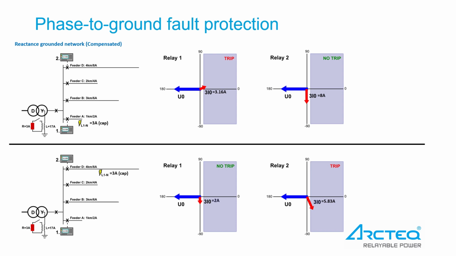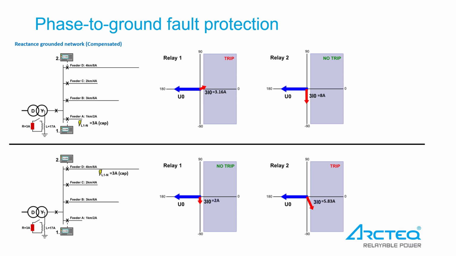In the below case, relay number 1 sees 2 amps of capacitive current flowing in reverse direction, but relay number 2 measures something different now. The total capacitive current of healthy feeders is only 12 amps and the compensation coil is 17 amps. It means that there is no capacitive current at the beginning of feeder D, but inductive current, and the amplitude is 5 amperes.